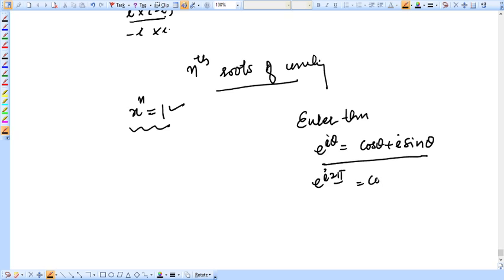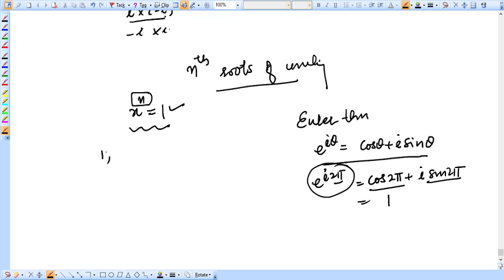It would be equal to cos 2π + i sin 2π. So cos 2π is equal to 1 and sin 2π is equal to 0, so it is equal to 1. So we can say this is one root of this equation. This is not the only root, it would have n roots.